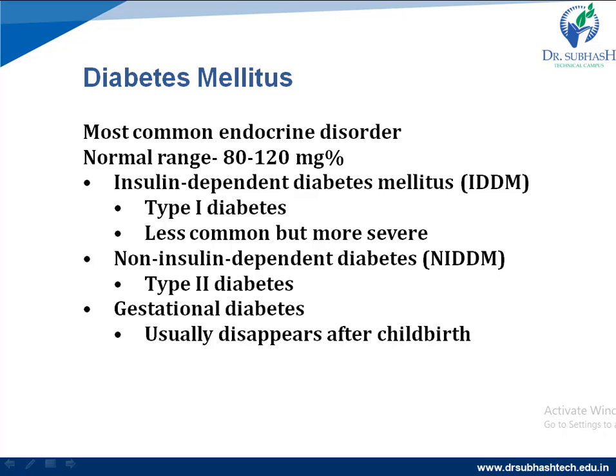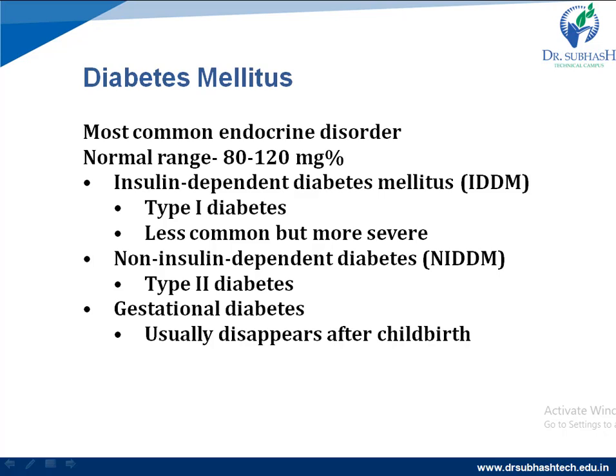Next one, diabetes mellitus. A disorder related to the pancreas, that is diabetes mellitus. This is the most common endocrine disorder. The normal range of blood sugar level should be between 80 to 120 milligram percentage. Here it could be of two types.